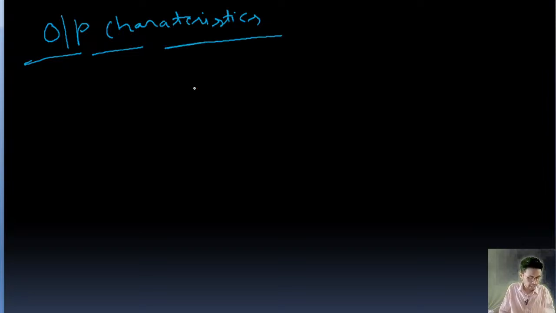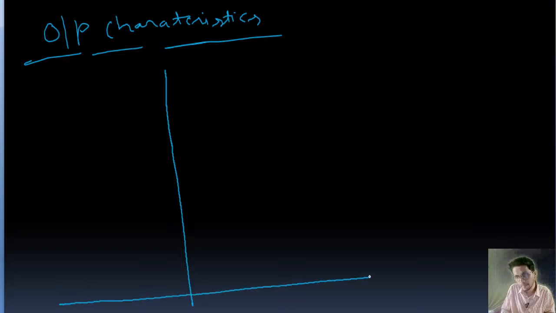Output characteristics, I'm going to draw. Output characteristics, it's an important one. The output characteristics for common emitter is IC versus VCE.